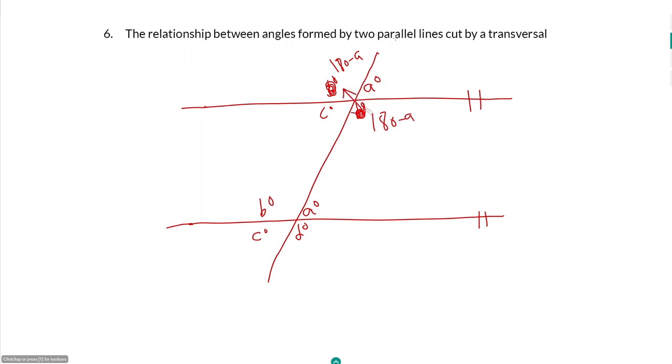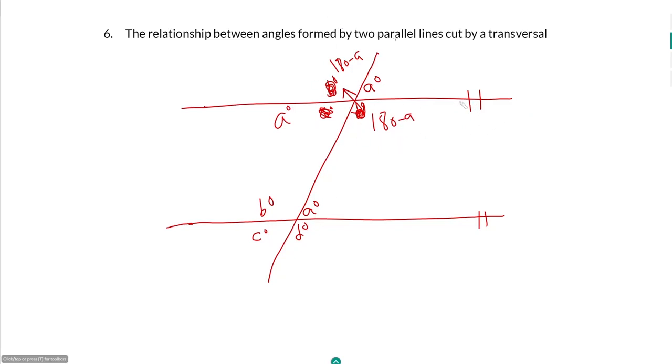That's how you get vertical angles, which we talked about. You can also do the same thing to see that this C here is also equal to A. So really, even though it seems like we have 4 separate angles, we only have 2. Everything is either equal to A or 180 minus A. And the important thing is really just finding out which ones match with each other.